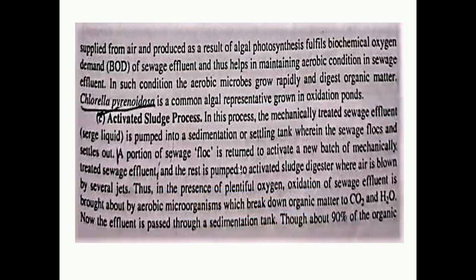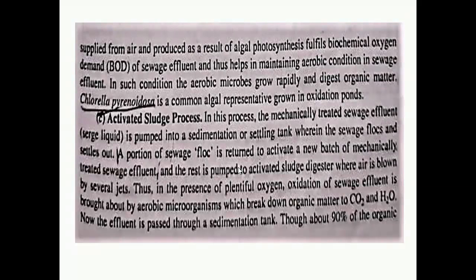Here we are observing. Next we are discussing the activated sludge process. In this process, the mechanically treated sewage effluent is pumped into sedimentation or settling tanks, wherein sewage flocks settle out.